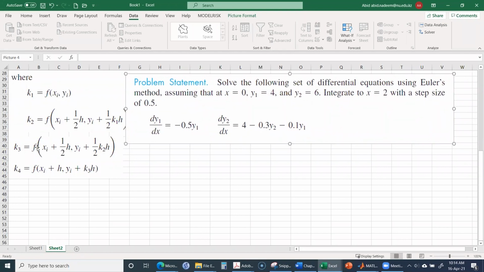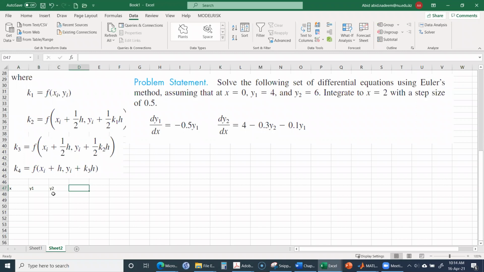Suppose we want to apply this Runge-Kutta method. In this case, how will we start? We will start with x, then y1, y2, and then k1 and k2.